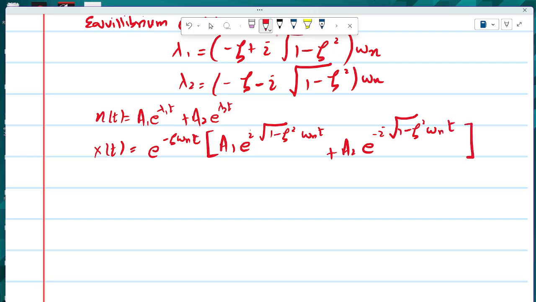So that's the solution for this one. You can even simplify it further from Euler's formula, because this itself becomes a combination of e^(iωt) or e^(-iωt).